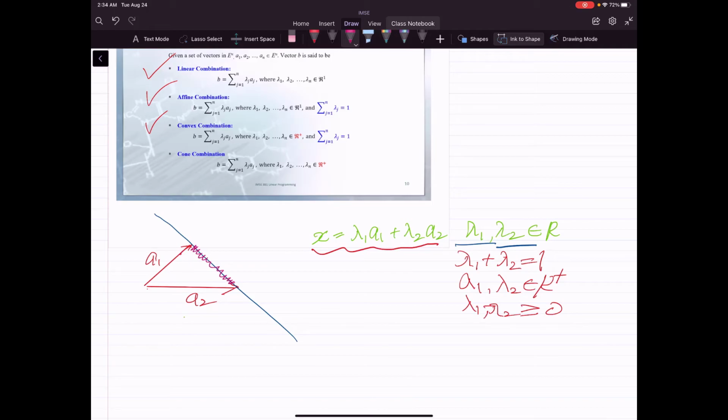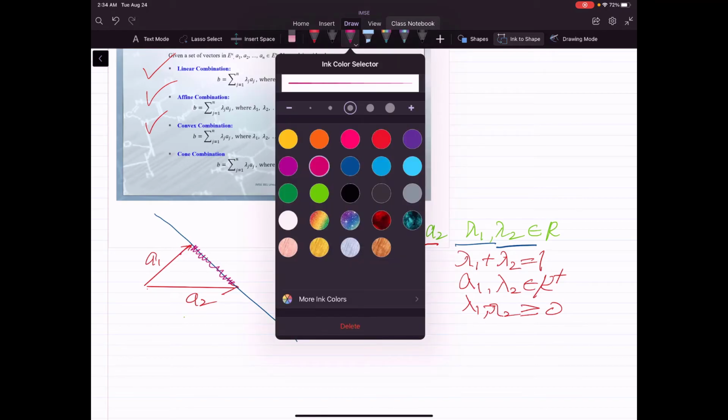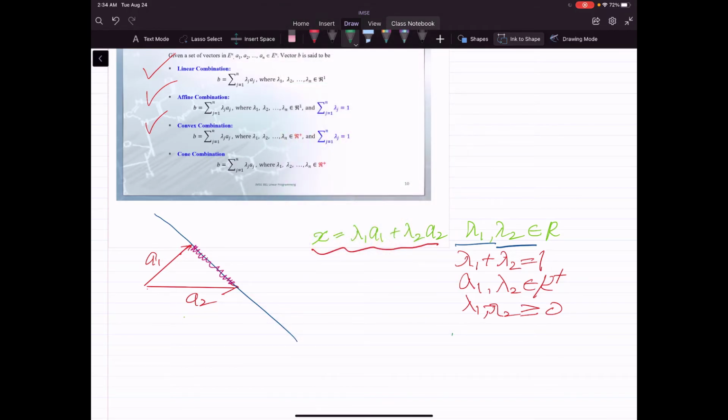The fourth one is the cone combination. The cone combination is basically a little bit easier. Since you have A1, you extend the lines of A1 and A2. The entire cone produced by A1 and A2, every single point inside this area, represents the cone combination.